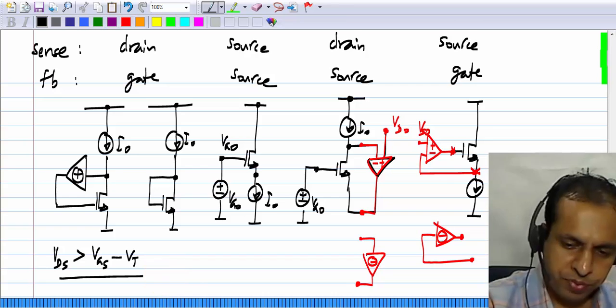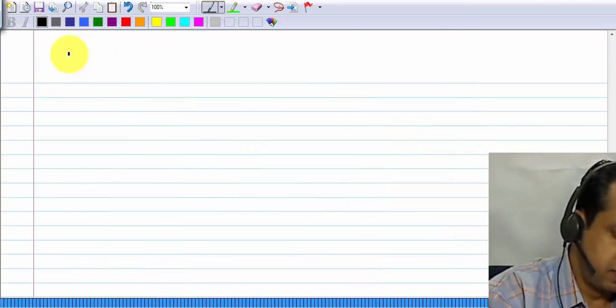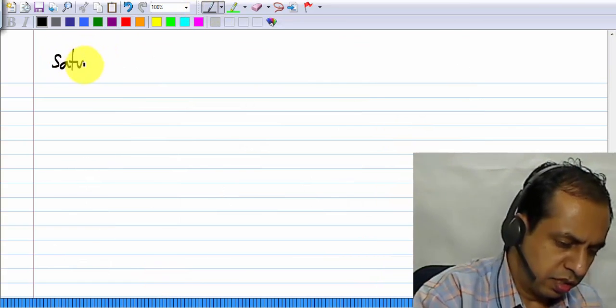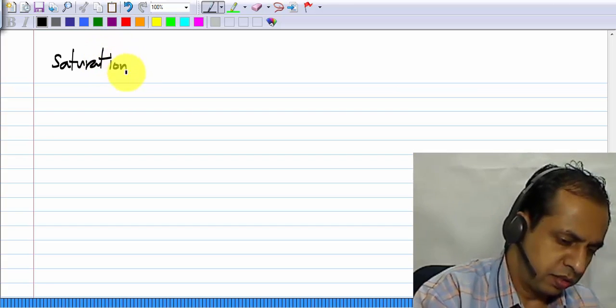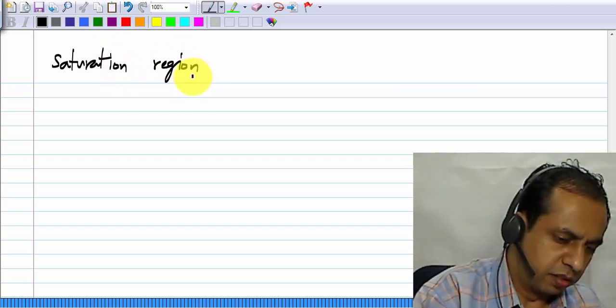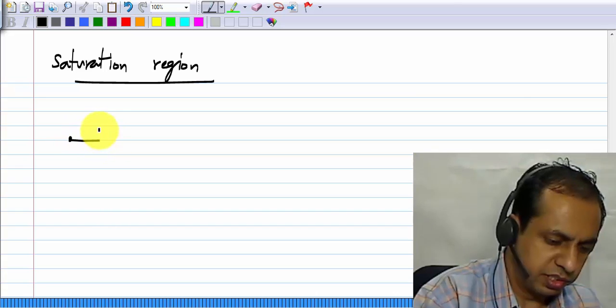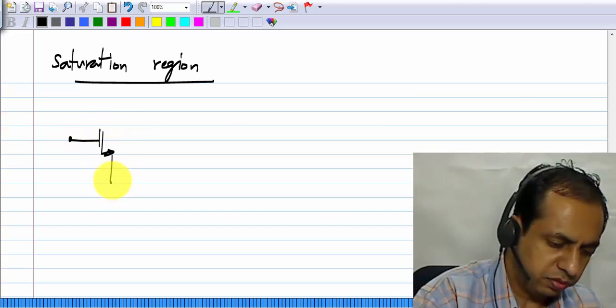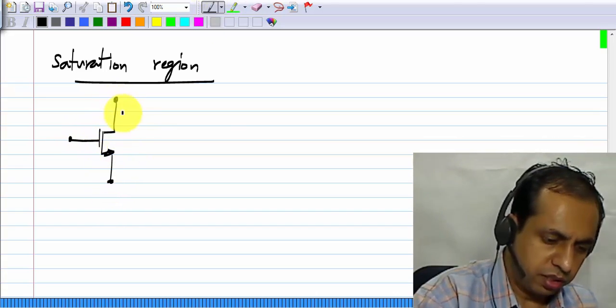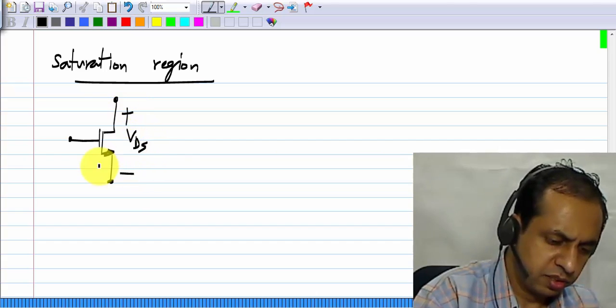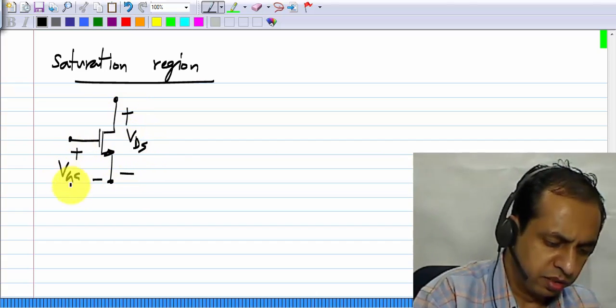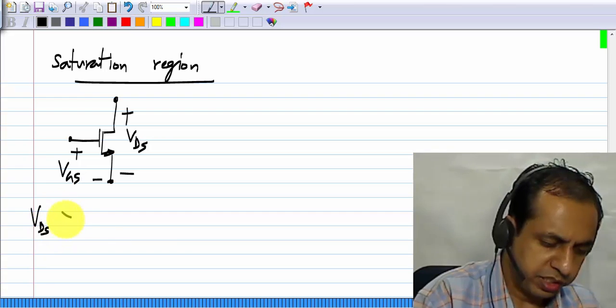So first of all, saturation region of a MOS transistor is defined by the drain source voltage VDS being greater than VGS minus VT.